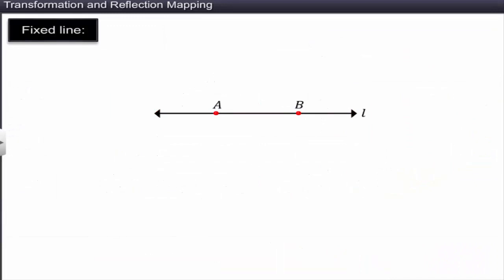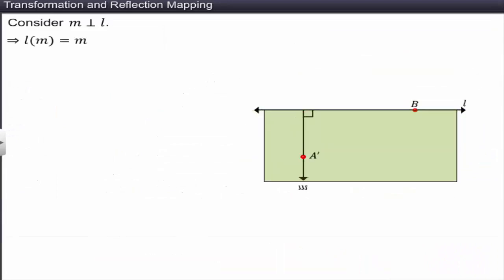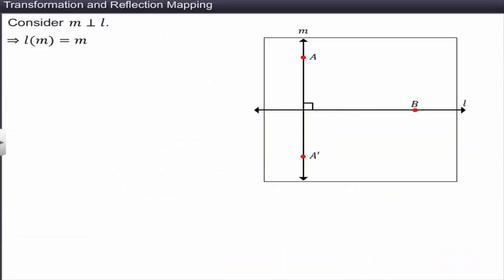And on joining these points, we again get the same line L. So line L is a fixed line. Now, consider a line M perpendicular to line L. The reflection of line M in line L is line M itself.